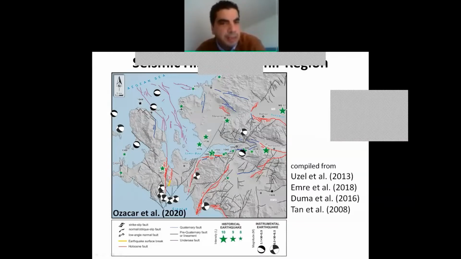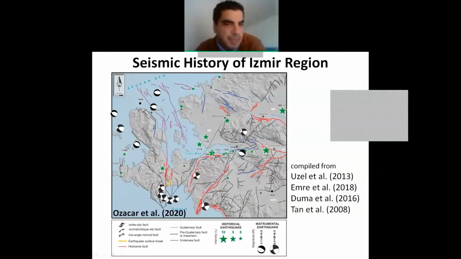So let's see how severe the risk is by looking into the seismic history of Izmir. If you look at this, the stars represent the damaging historical earthquakes. And actually there are several earthquakes that created a tsunami in Izmir Bay. So you can see that there are many active faults.